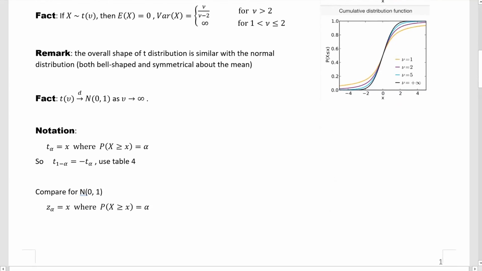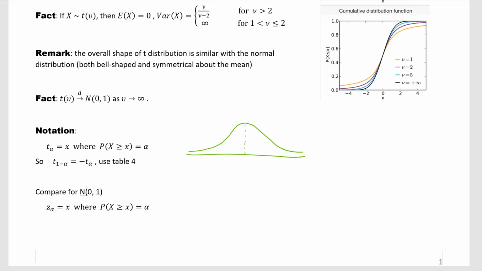So notation. T alpha equals x, where P(X ≥ x) equals alpha. What is this? We draw the picture. The picture of T alpha also looks like that, and in the middle we have 0.